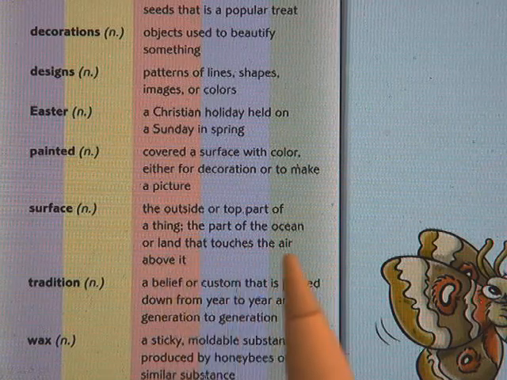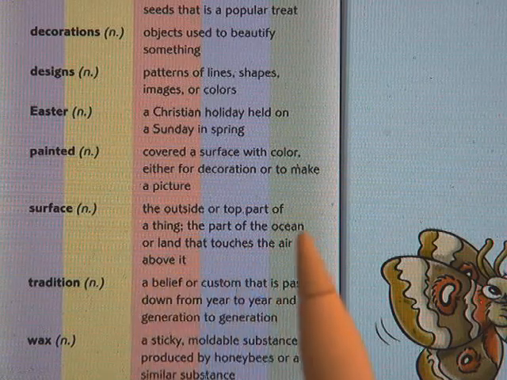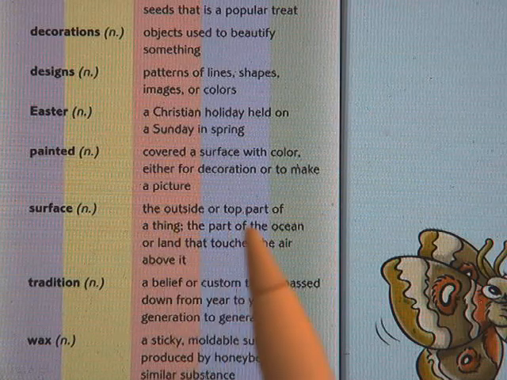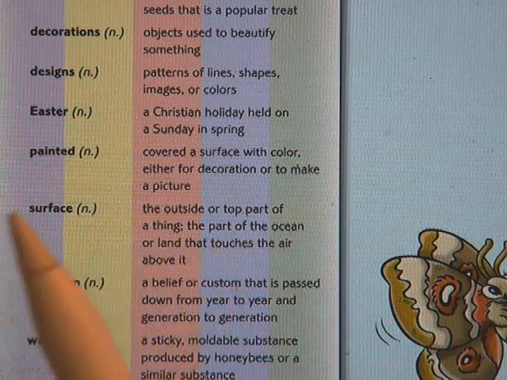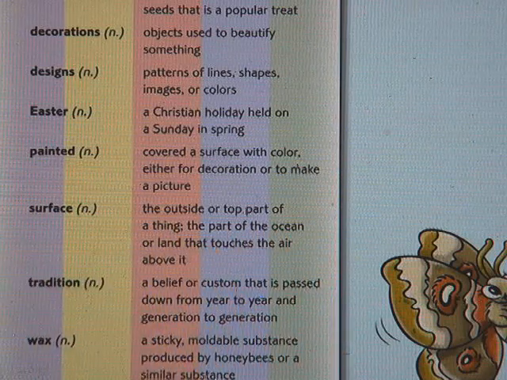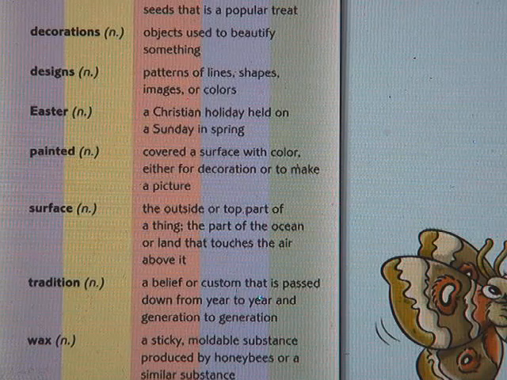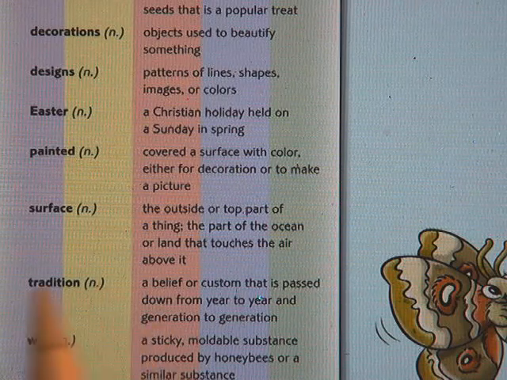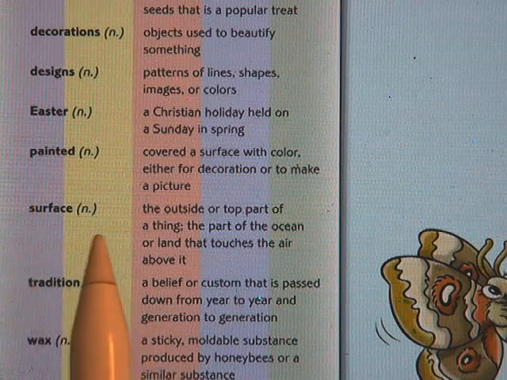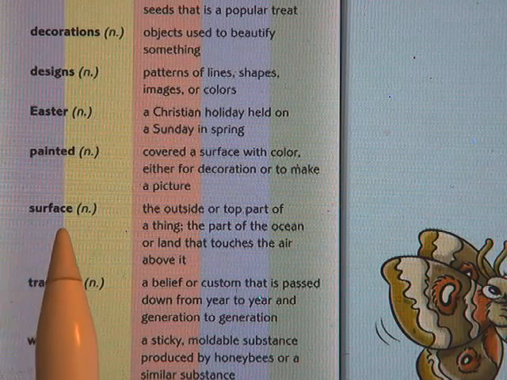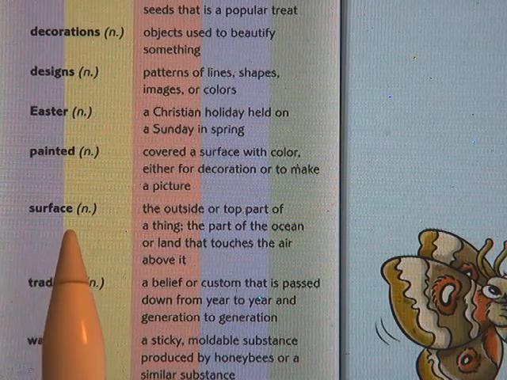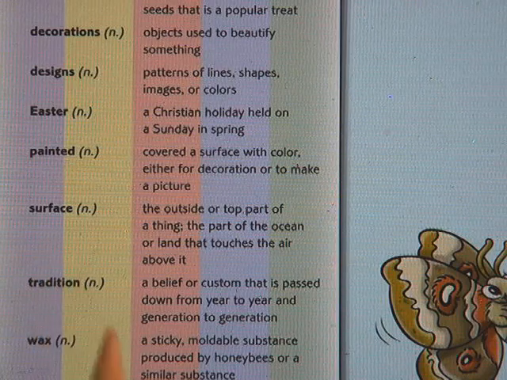Our table is a surface. Our kitchen table, where maybe we're making our Easter eggs, we would put on a flat surface so that we could have a nice surface to paint our Easter eggs.